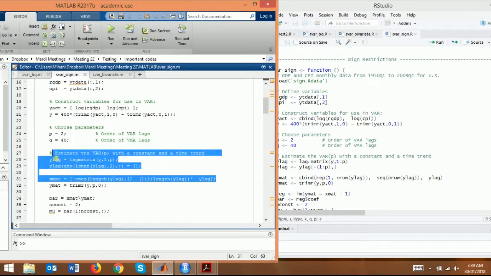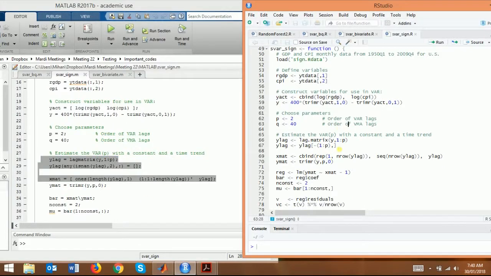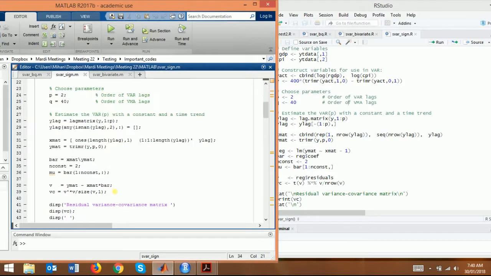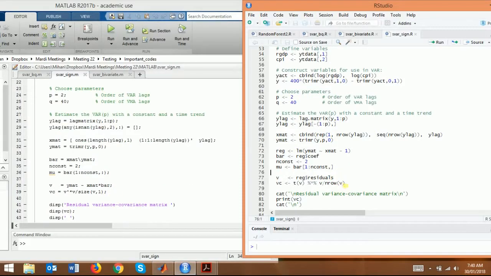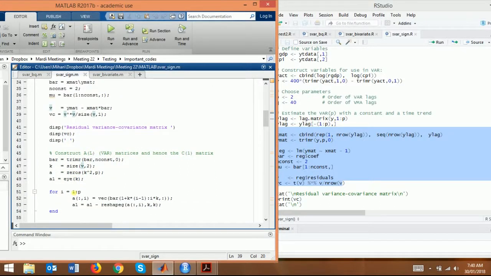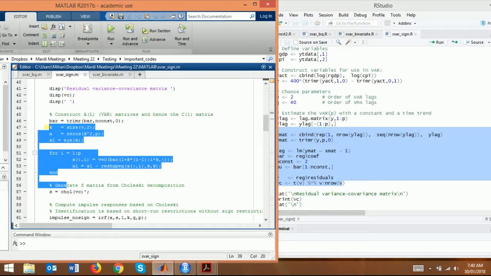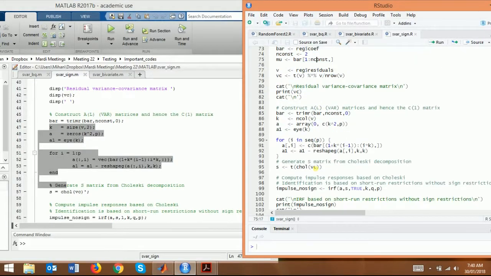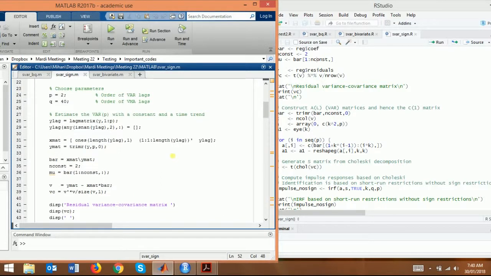Not necessary. We could have done it the other way around, just like the previous example. But yeah, why not? We can also do the lag matrix. So we did that. We did the estimate in the first stage. We did OLS estimation, initialized. We estimated VC and everything. Then we are doing the regular autoregressive estimation. We did that too. So the only change with the very first thing is that our OLS estimation has trend.